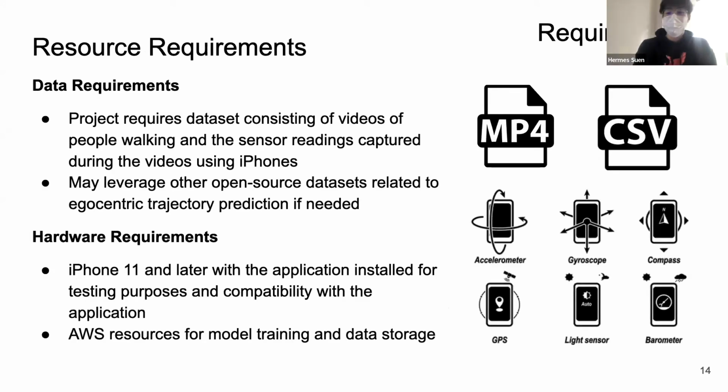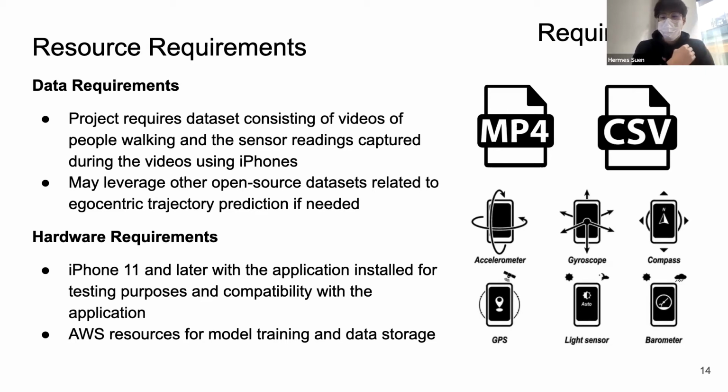For resource requirements, there are two main requirements: data requirement and hardware requirement. For data requirement, we require that the data comes in two main formats, MP4 for the video and CSV for the sensor data, such as accelerometer, gyrometer, GPS, compass, and so on.